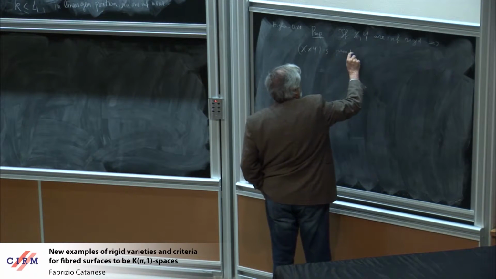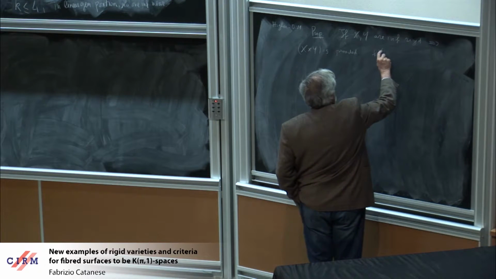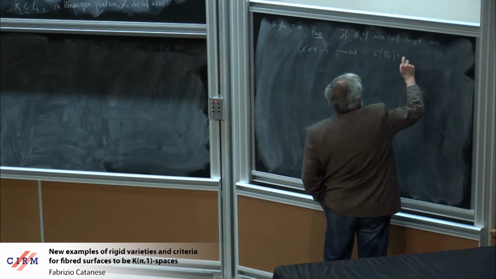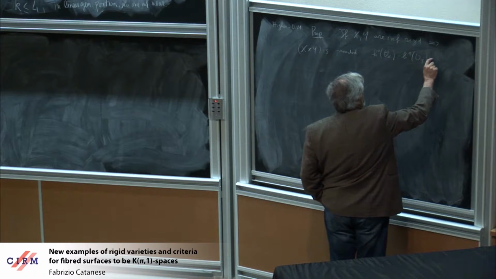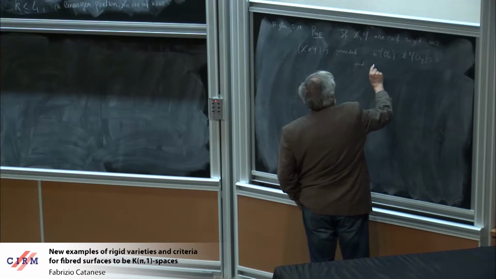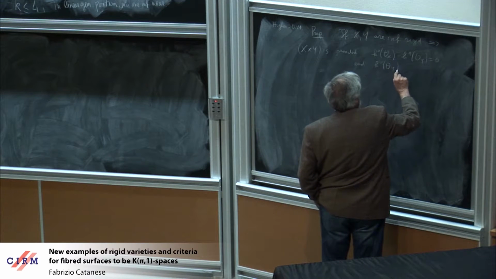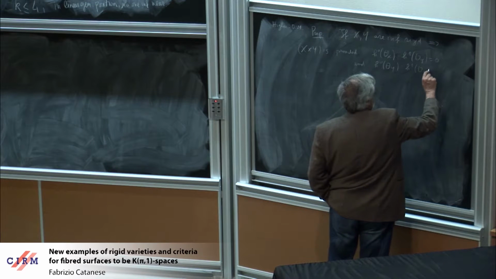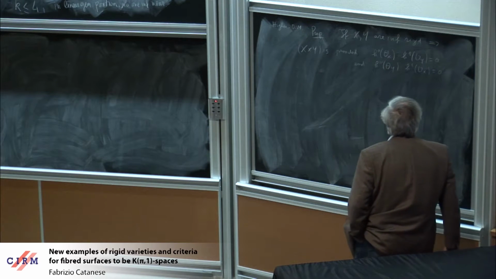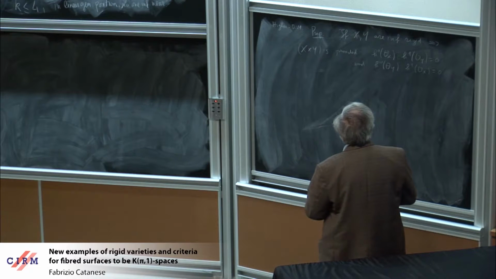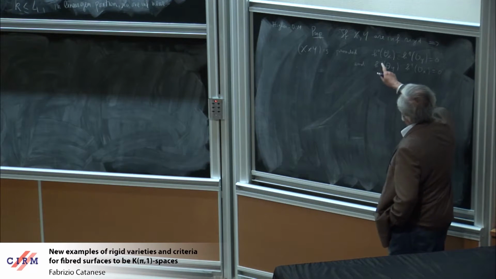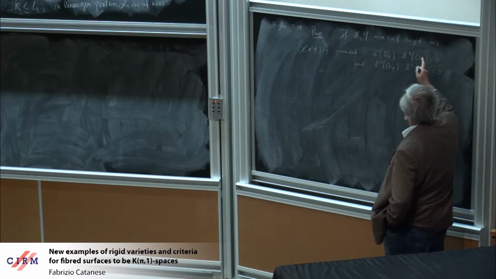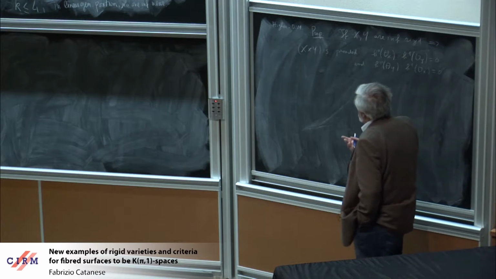provided that H0 of Theta X times H1 of O_Y is 0 and H0 of Theta Y times H1 of O_X is 0. Infinitesimally rigid means that H1 of Theta X is 0 and H1 of Theta Y is 0, and then either these two vanish, no vector fields, or they are both zero.